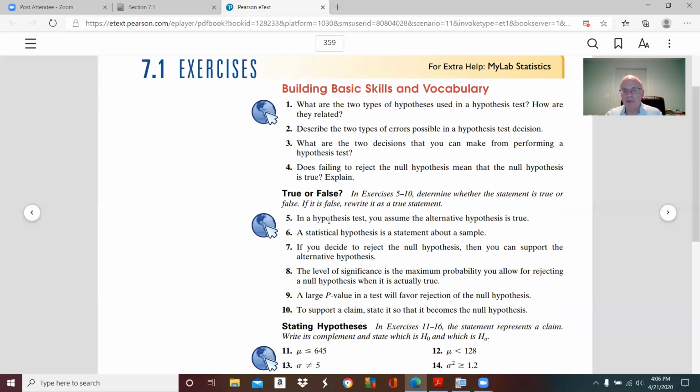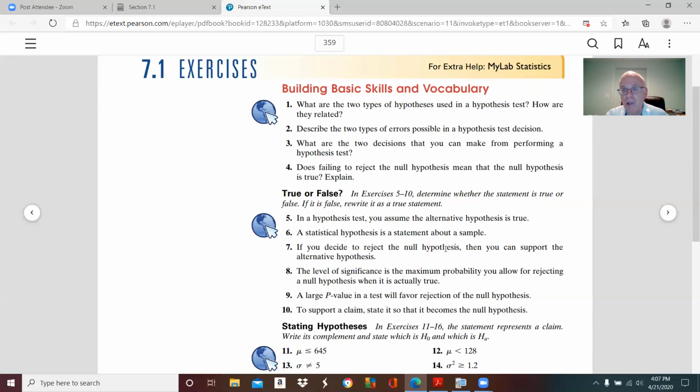So 5 is false. 6, a statistical hypothesis is a statement about a sample. No, it's a statement about a population parameter, not a sample statistic. So that's obviously false.